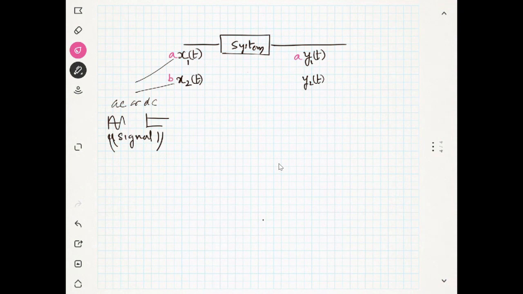If you multiply the input with b, then the output is also multiplied with b. This feature is known as homogeneity. Homo means same. When the input is multiplied with a number, the output is also multiplied with the same number. That's why we call it homo.